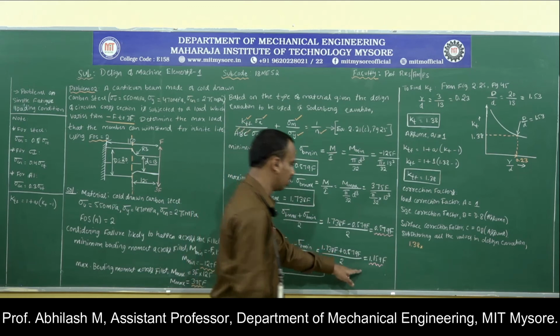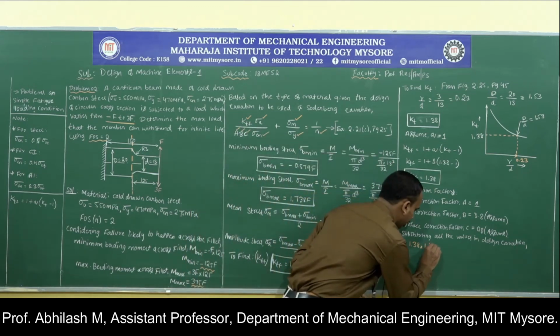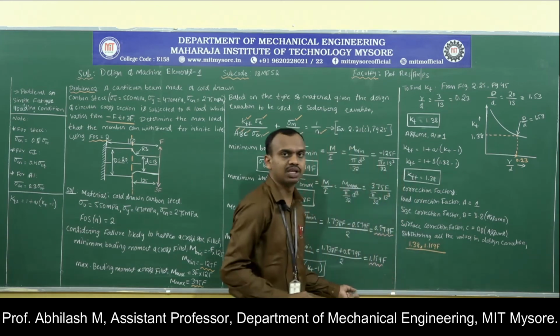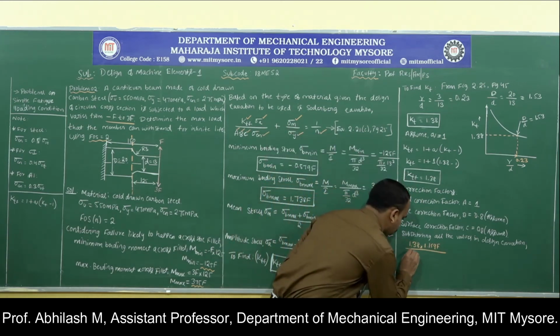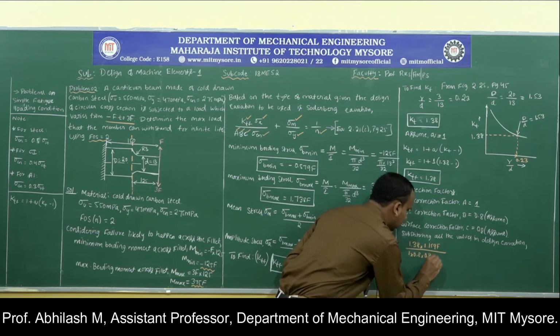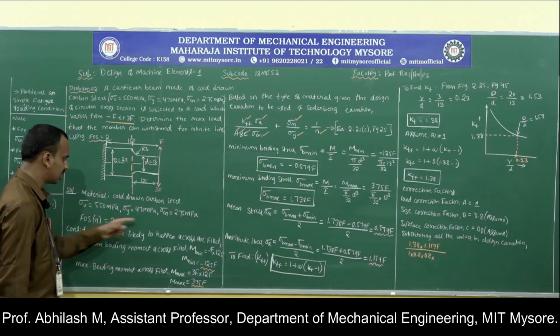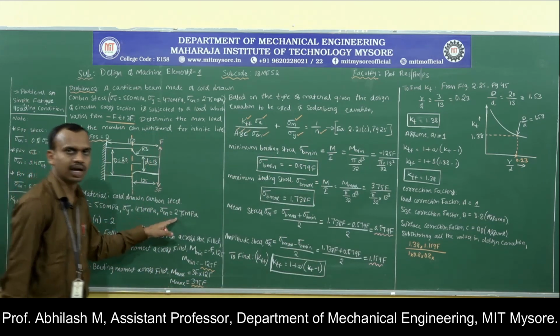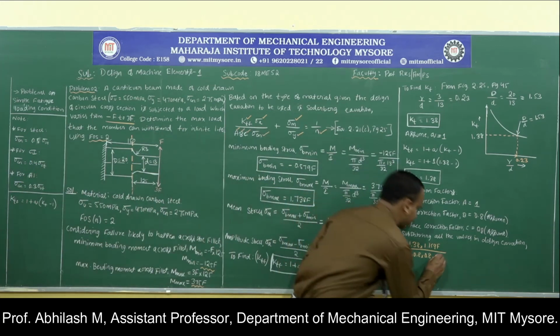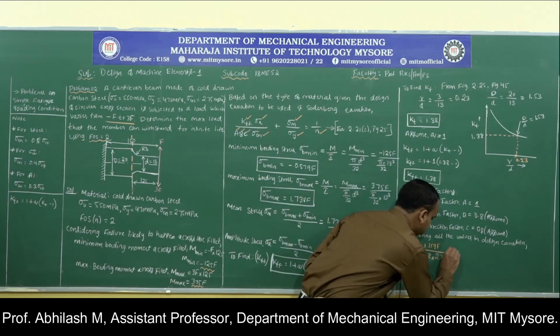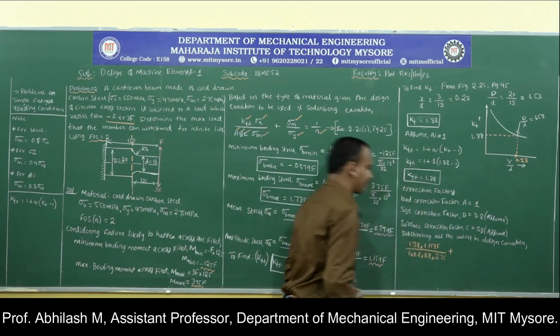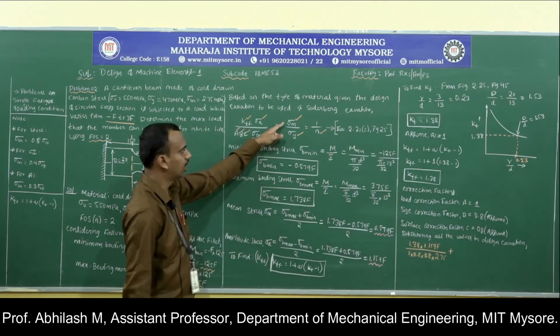The sigma A value that we have obtained is 1.159 F, divided by A, B, C values. A value is 1, B value is 0.8, C value is 0.8, and the sigma endurance value that has been given in the problem is 275 megapascal, plus the sigma M value.